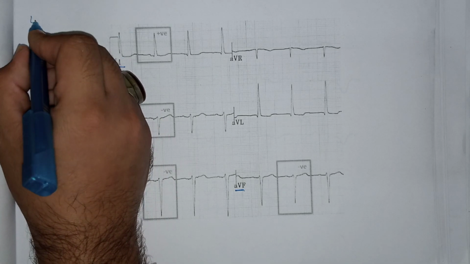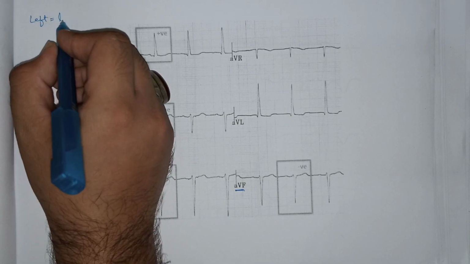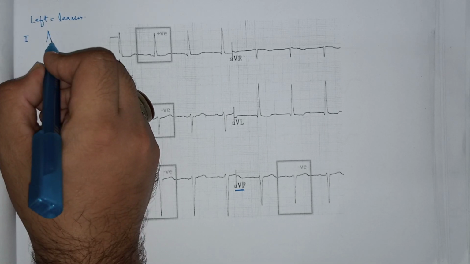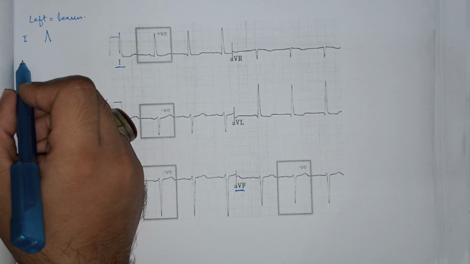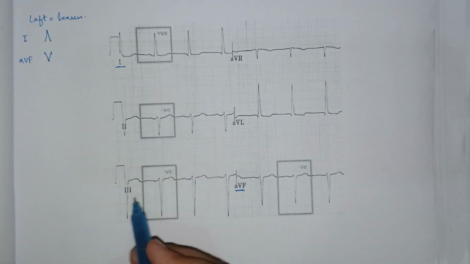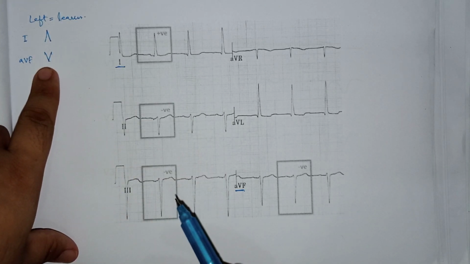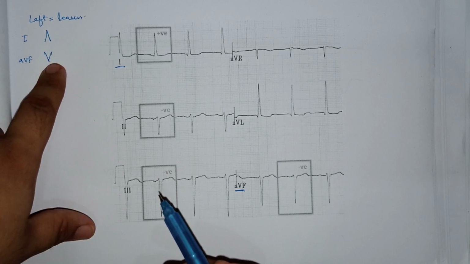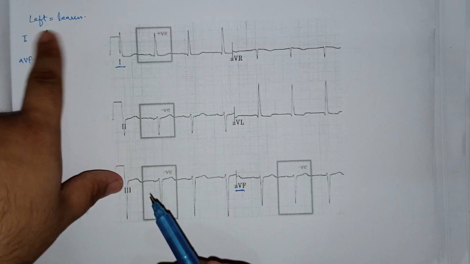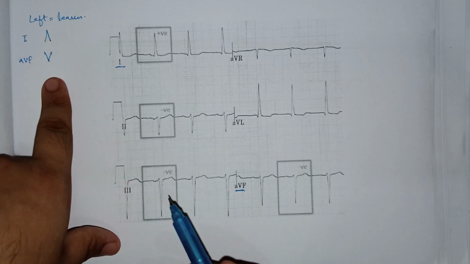Remember the mnemonic: left is equal to leaves. Lead 1 shows upward or positive deflection of QRS, and AVF shows downward or negative deflection of QRS, and both these leads are leaving each other. So left is equal to leaves. Remember this mnemonic: left is equal to leaves.